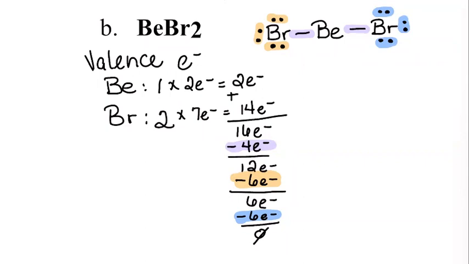No problem. So the octet rule is a rule that establishes that the majority of the atoms in the periodic table want 8 electrons, because having 8 electrons gives them a noble gas configuration.